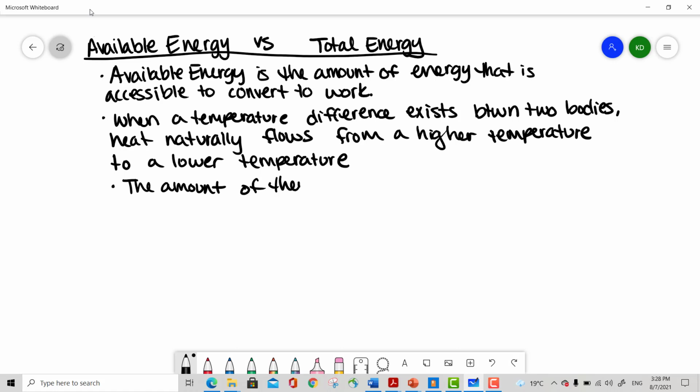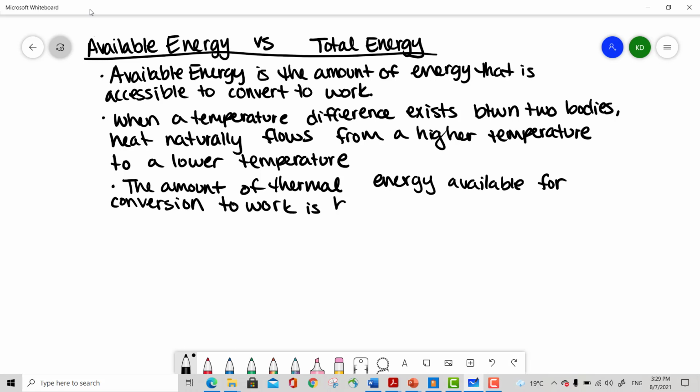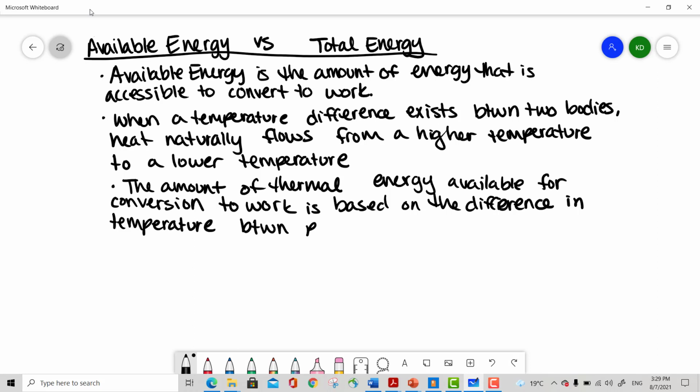The amount of thermal energy available for conversion to work is based on the difference in temperature between parts of the system.